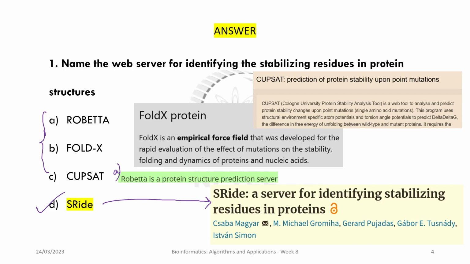FoldX, option B, is an empirical force field that was developed for the rapid evaluation of the effect of mutations on stability, folding, and dynamics of proteins and nucleic acids.